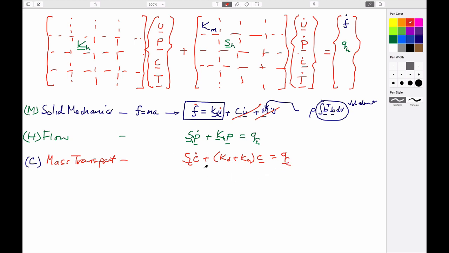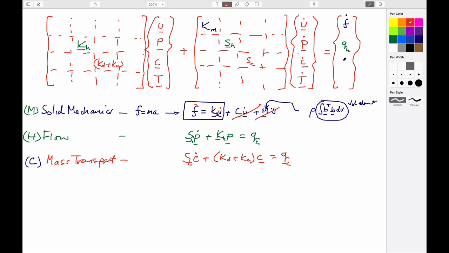And so if we were to put this into the right locations in here, this term here would operate on concentration. These terms here would operate on rate of change of concentration, rather. These terms here would operate on concentration, which would be K sub D plus the advective term together.